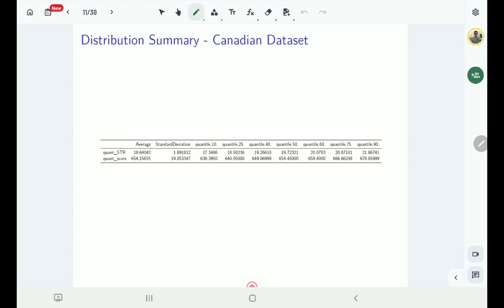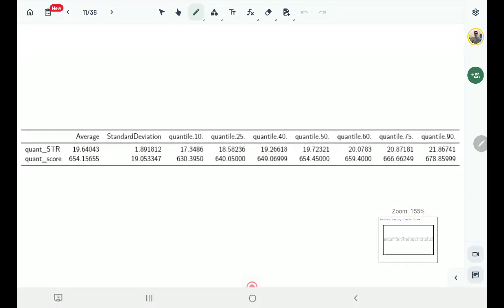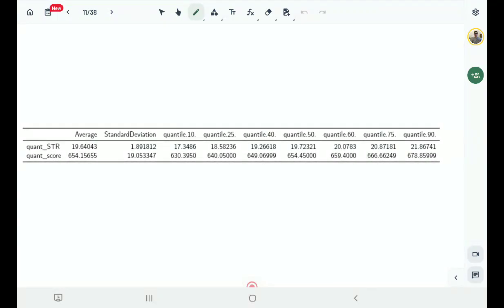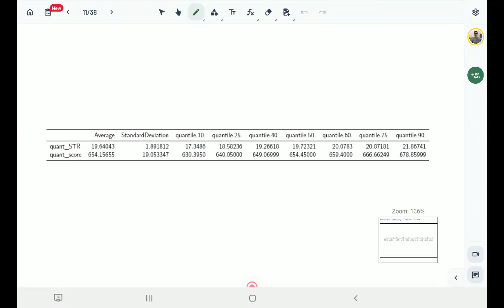Okay. Now let's have a look at this. This is what we get as our distribution summary. You see, the average STR is equal to 19. The average score is equal to 654, and these are the standard deviations for STR and score. Basically the score variable has more variation compared to the STR variable.